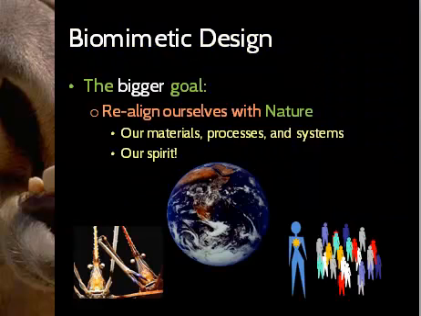Or the bigger goal is to really realign ourselves, our materials, our processes, our systems, our designs with nature. And really in doing so, it'll help us realign ourselves and our spirits with nature. So you, your spirit, everyone on Earth will be realigned with all the organisms on Earth. So that's the bigger goal of biomimetic design.